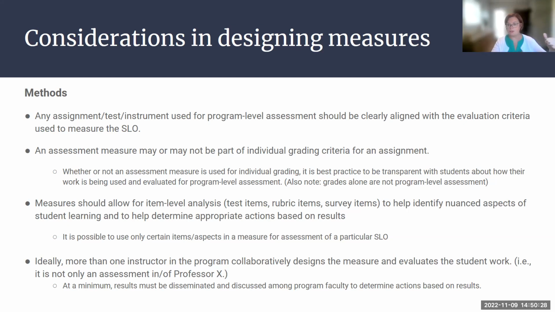Same with surveys, maybe you have 5 or 6 questions about this subtopic. Try to look at the results a little more granularly, because it will help you state where you're seeing strengths and weaknesses rather than students' overall performance. We're going to talk about that a bit more related to major field tests, if that's something you are trying to use for IE assessment.